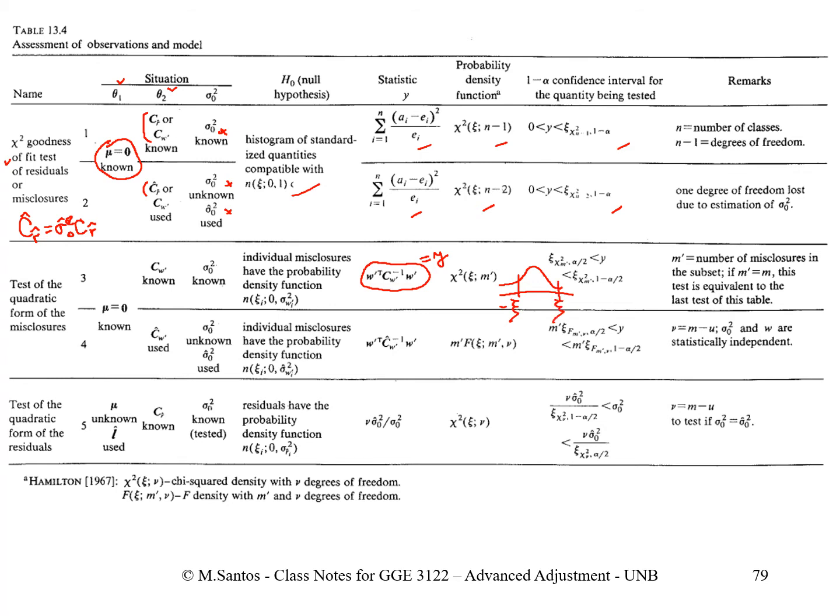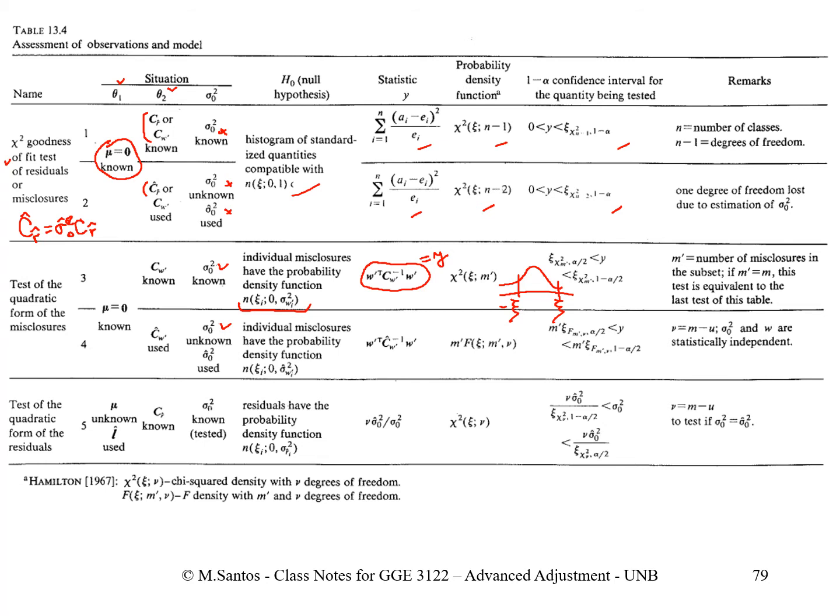Okay, if it does, we can say that the misclosures have a normal distribution. Again, we have these two situations. We either know or we don't know the a priori variance factor.